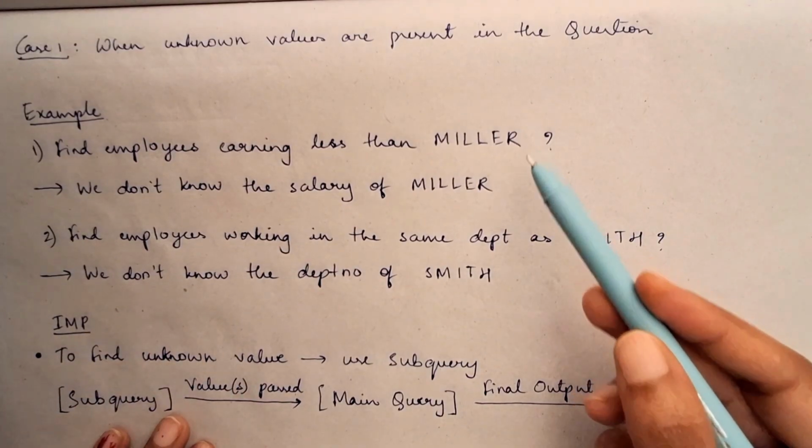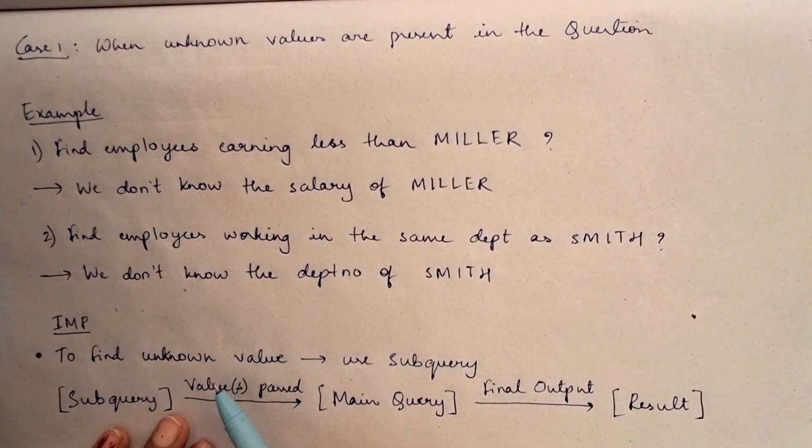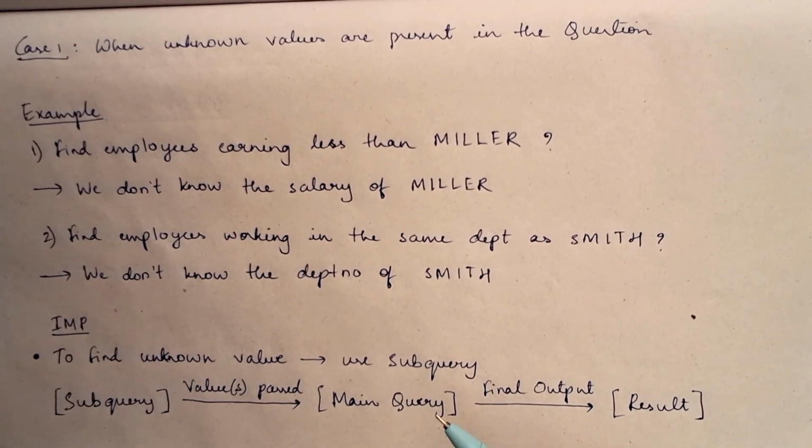So guys, in these questions, first we need to find the unknown values from the table, and to find that unknown value, we use a subquery. So the subquery will first retrieve the unknown value and then the main query will use that value to get the final result.